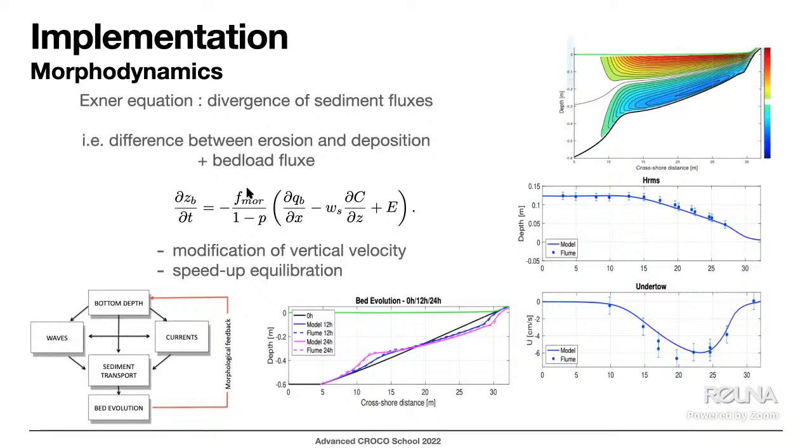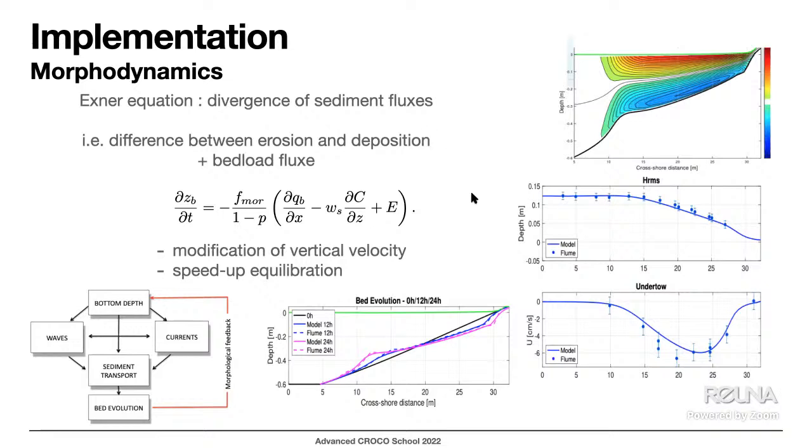You can increase this factor, and the seabed will change faster. So you get your result faster, but you won't change the amount of sediment in the water column. It's a kind of trick, but it actually works pretty well.